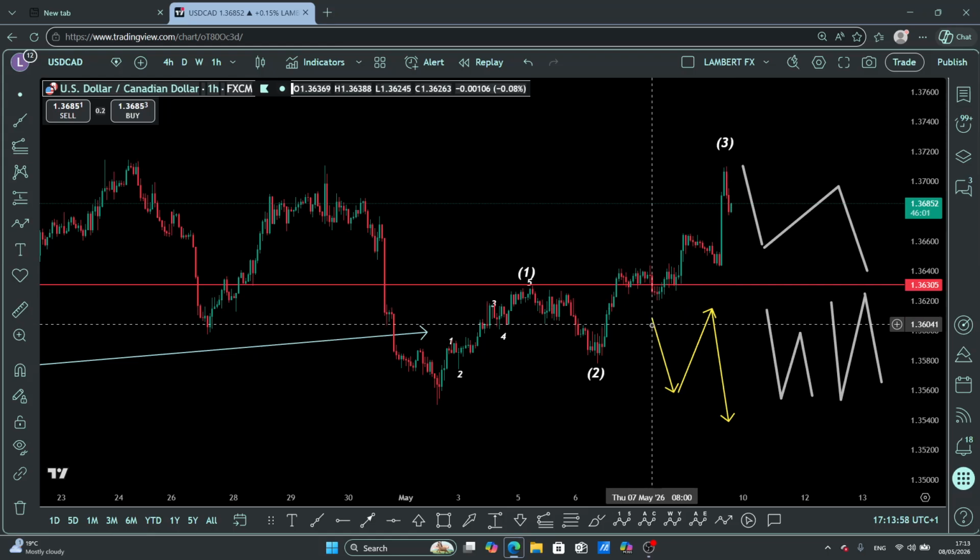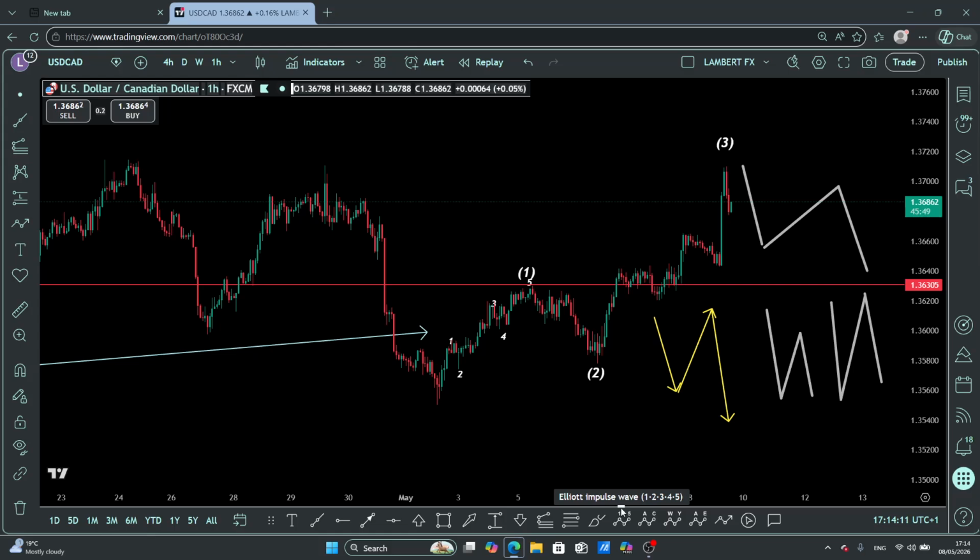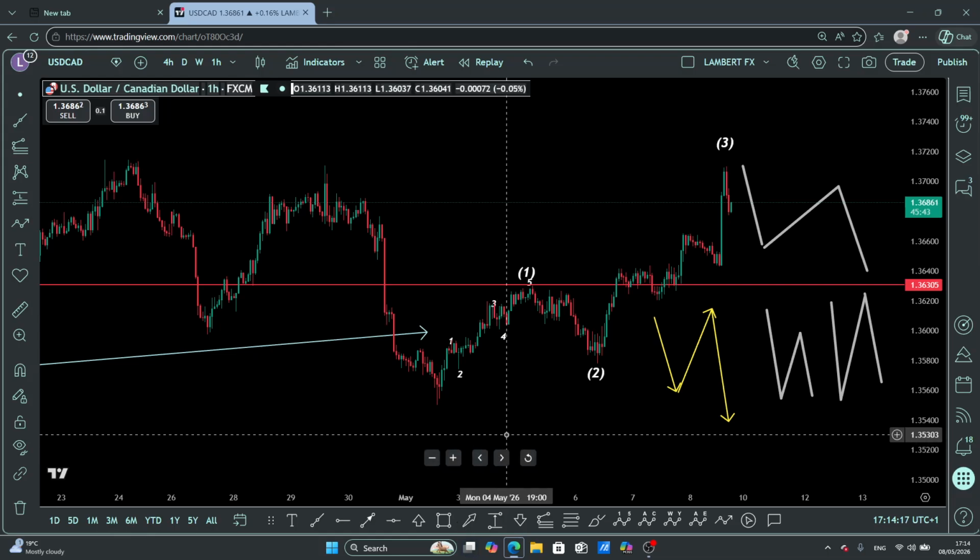Basically this first leg down must contain 3 waves down. You can only find this in your leg 2, your leg 4, or at the end of leg 5. But let's concentrate on leg 2 first. Like I said, we'll do 3, we'll do 4, and we'll do 5.